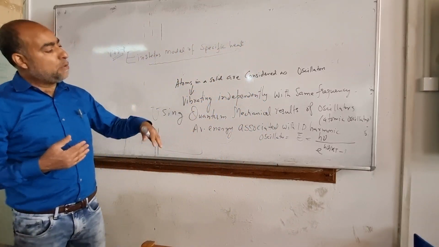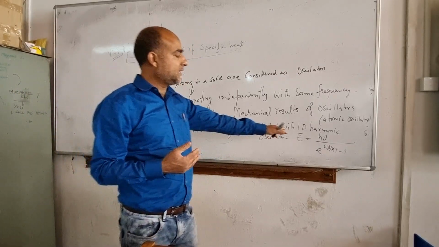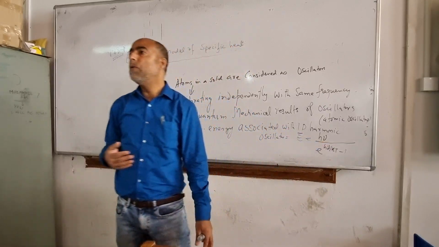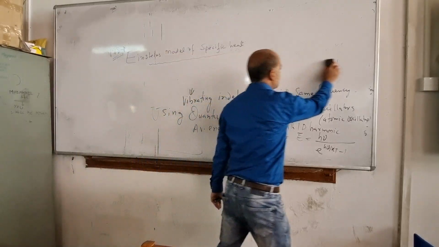Planck found the average energy associated with a one-dimensional harmonic oscillator to be h nu by e raised to the power h nu by kT minus 1.